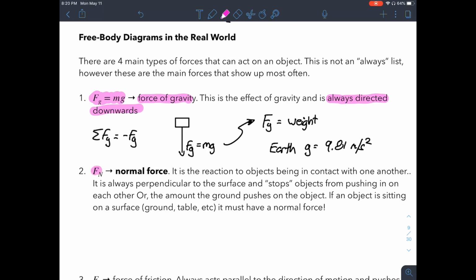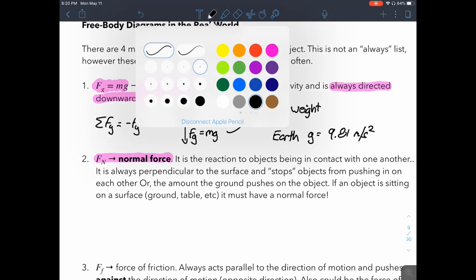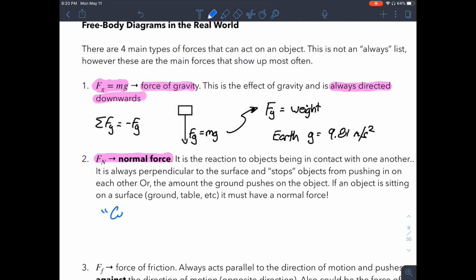Second force is the normal force, okay? How I like to call this one, this normal force is the contact force. If you have contact between objects, then you have a normal force. If you do not have contact, like if you're just falling down through the air, you do not have a normal force.